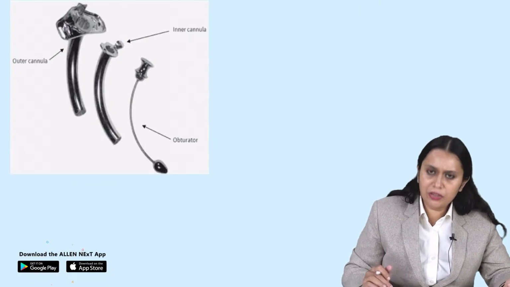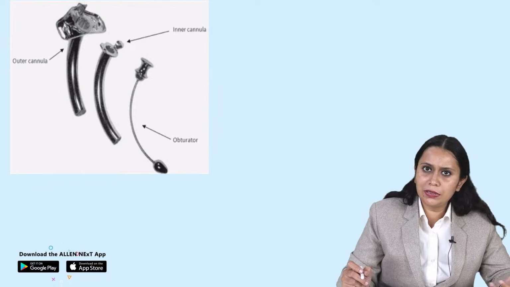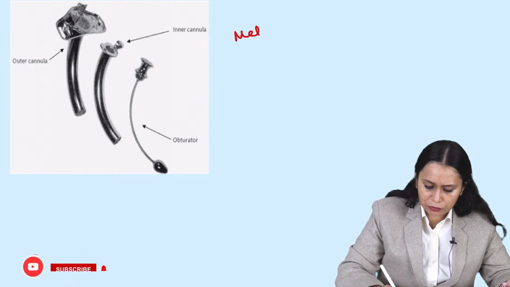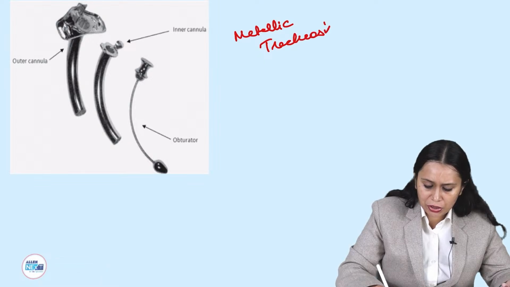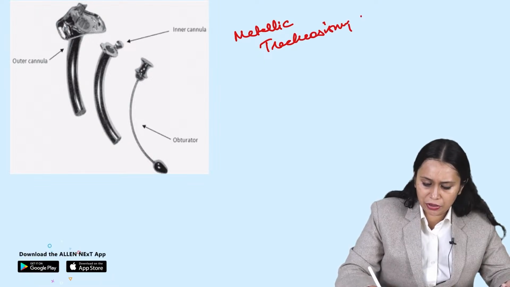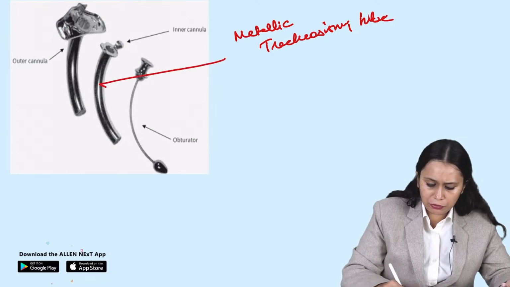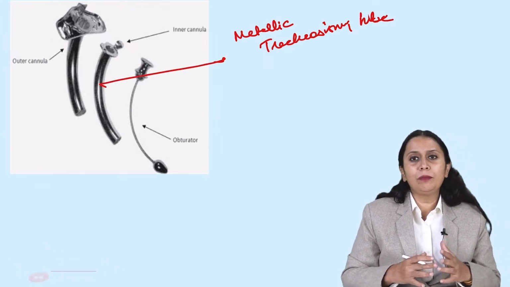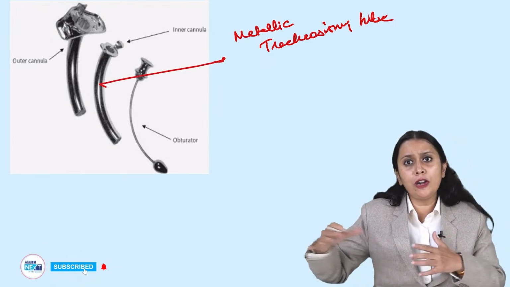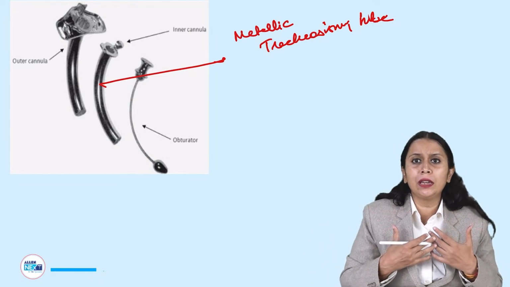Okay, one more tracheostomy tube which I want to show you is a metallic tracheostomy tube. Now, this is not used when a patient is on mechanical ventilation. This is only used when you have put a patient on tracheostomy for a long time because the patient is not able to maintain the airway.